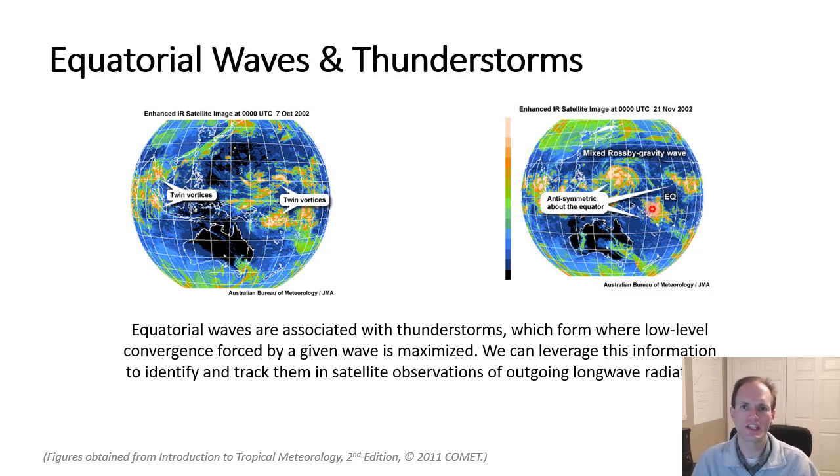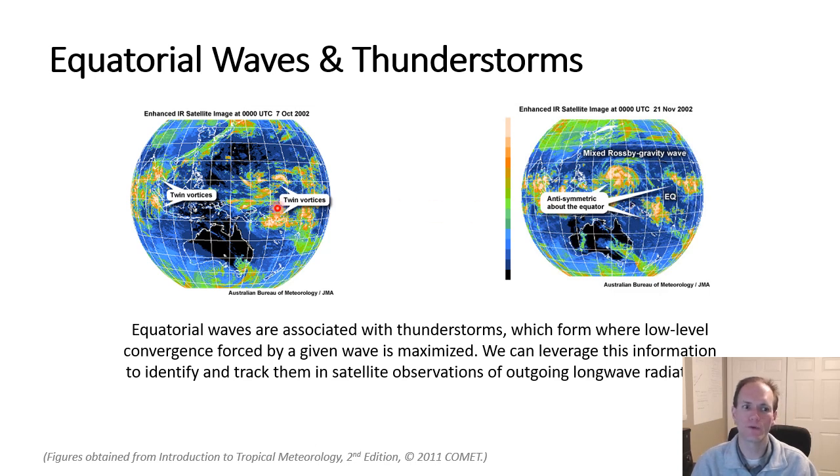So we can use this information. Where the convection is maximized, is it on the equator or across the equator symmetrically or across the equator anti-symmetrically, as well as other information about the scale of these waves, 1,000 to 2,000 kilometers in terms of their wavelengths, as well as their directions of propagation and their return periods.